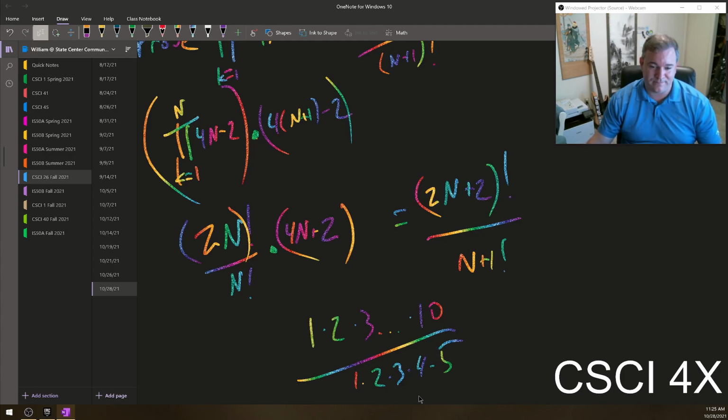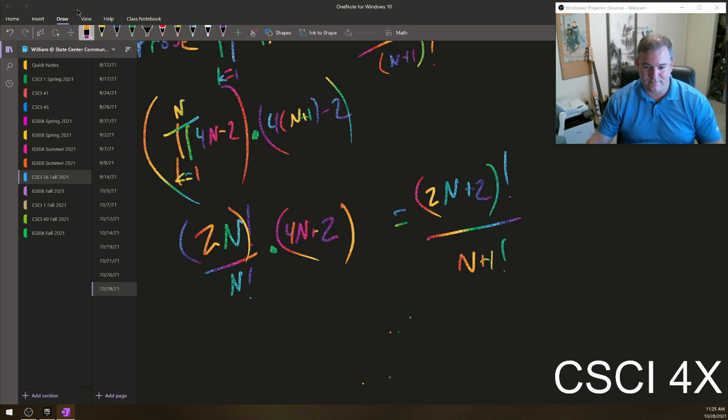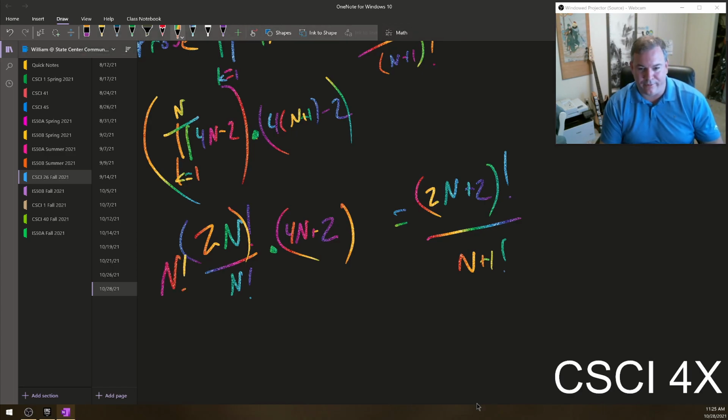So what's our move? Anyone see it? All right, well, what if we multiplied both sides by n factorial?